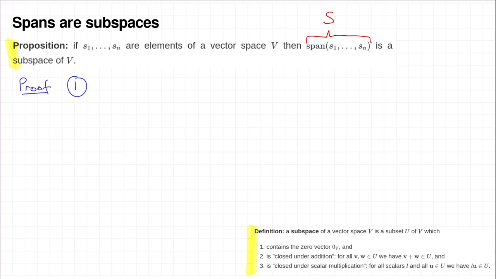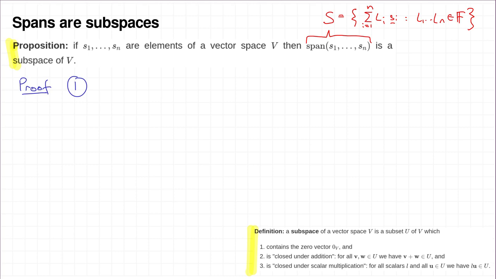So S here, the span, let's remind ourselves of the definition. The definition is it's the set of all linear combinations, so let's say the sum from i equals 1 up to n of Li times Si, where the Li's are elements of the field F, over which V is a vector space. Okay, well, does it contain 0?